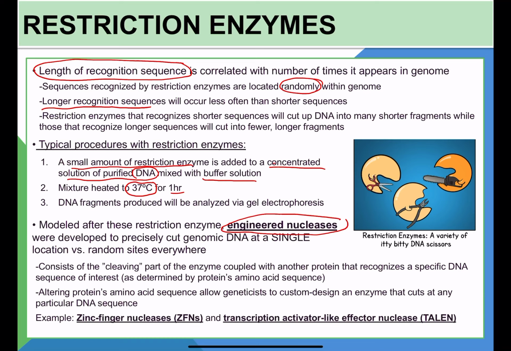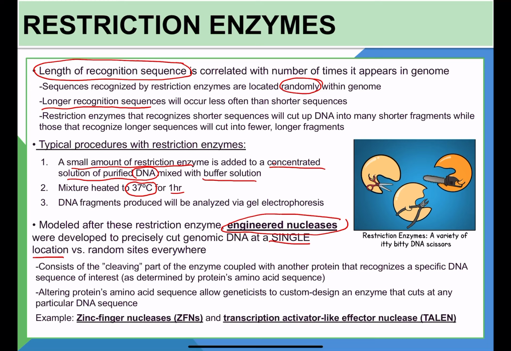Engineered nucleases are where the sequences were designed to cut genomic DNA at a single specific location, whereas restriction enzymes that we're harvesting from bacteria cut at random places everywhere within the genome. So with engineered nucleases, we can direct and tell the cell where to look to cut the DNA. Now, these engineered nucleases have two parts.